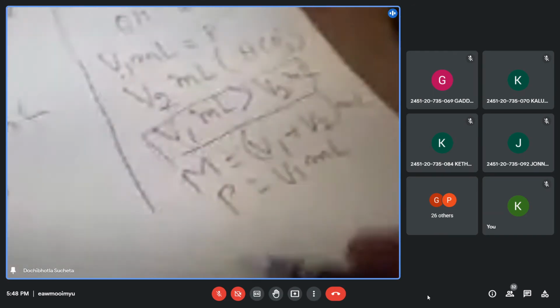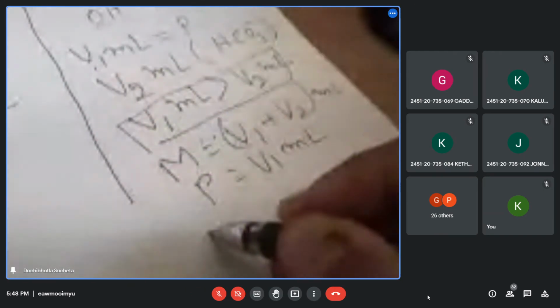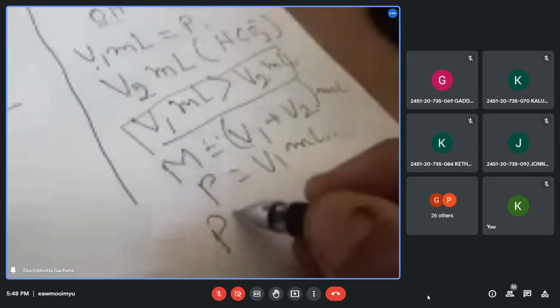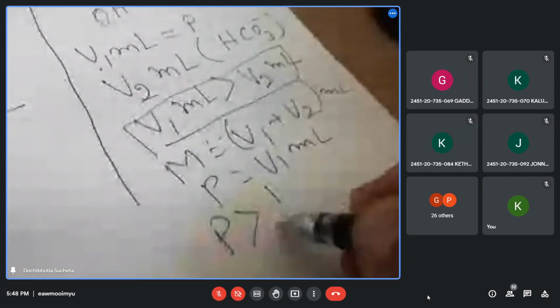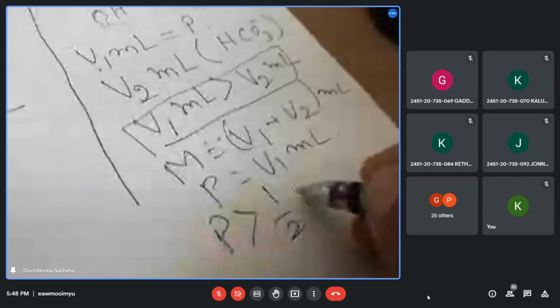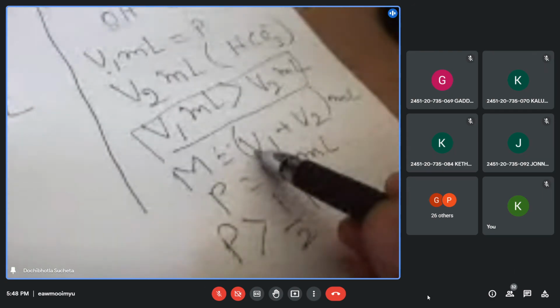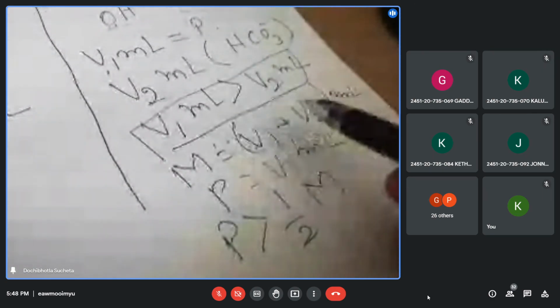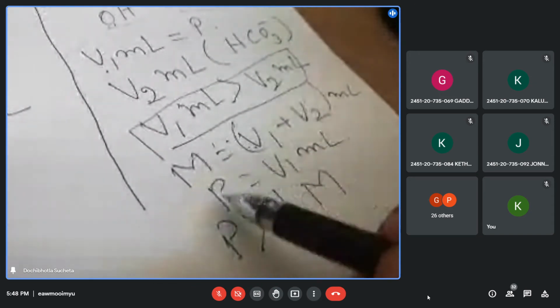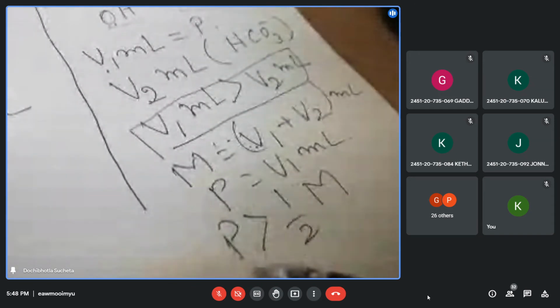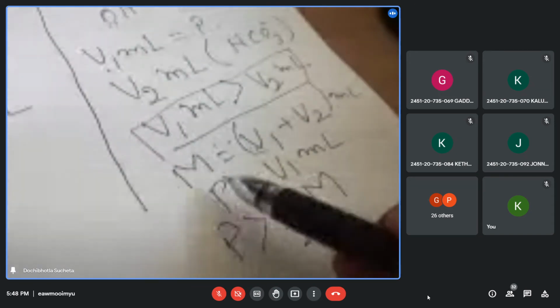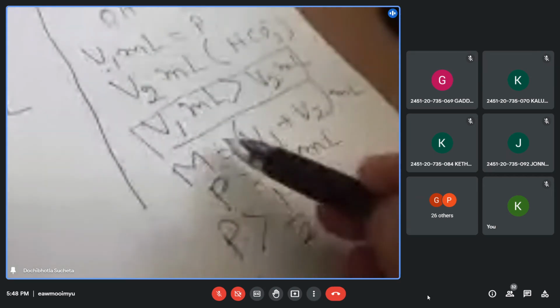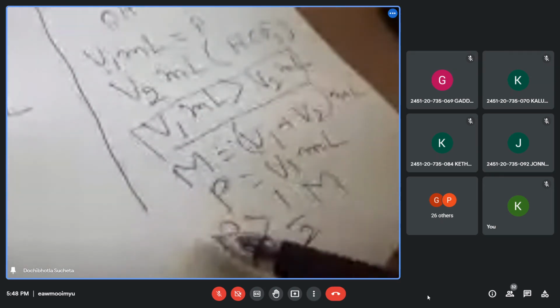And can I write that P is greater than half M? Why? If V1 is equal to V2, M is equal to 2P. Okay. Now M is actually a measure of the total alkalinity.